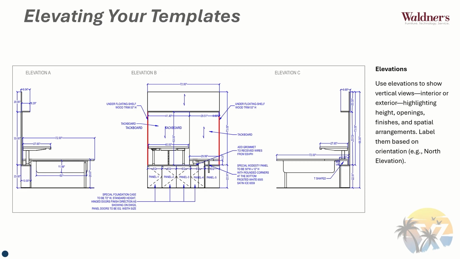Usually what I do is provide 3 elevations of the typical. Elevation A can be the left or right side, B will be frontal, and C will be the other side. This will help the installers identify all the elements and not make any mistakes when they have to do the installations.